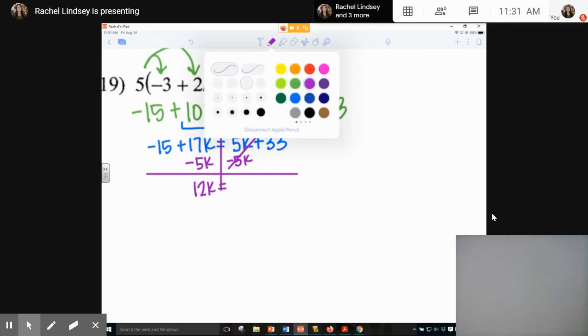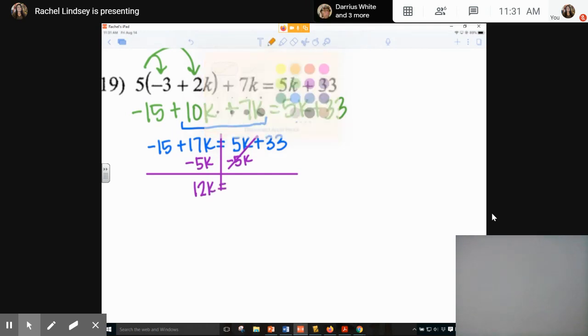Before I move on to another step, I went letters to the left. I only want one thing over here, so I need to move something over here. So I'm going to add 15 to both sides so that this one cancels, and then I have 33 plus 15, which is 48. Again, you can write the purple as one step and then write the orange, yellow as another step. That's up to you.